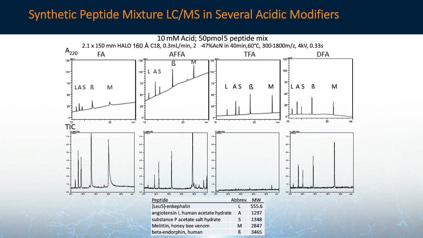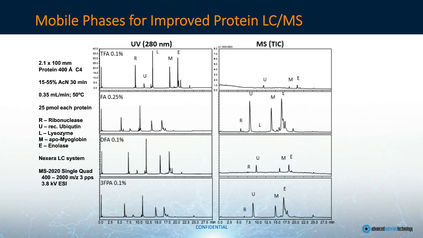You can see a similar case where you get suppressive effects with TFA, and with the DFA on the right, you're maintaining your peak widths, and you also have some signal for these peptides. But once you move over to proteins, you take a little hit in terms of the ionization. However, you're able to maintain the column performance with these additives.